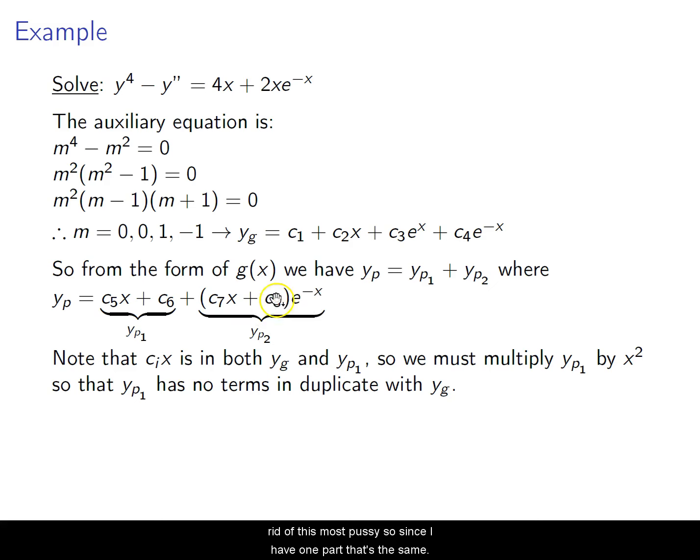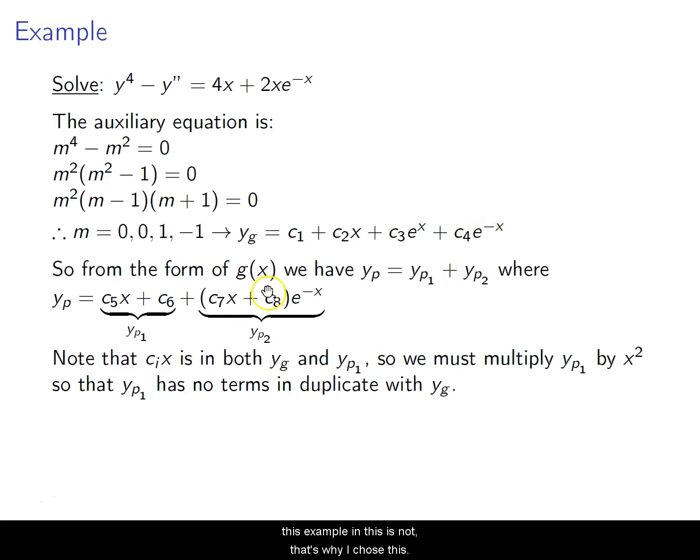Since I have one part that's the same, the lowest power of x would be just x. If I multiply this by x, I get c7x e to the x plus c8x e to the negative x, and there is no constant times x times e to the negative x here.